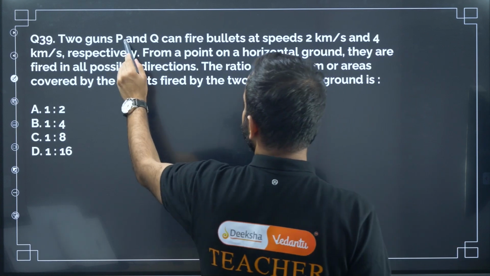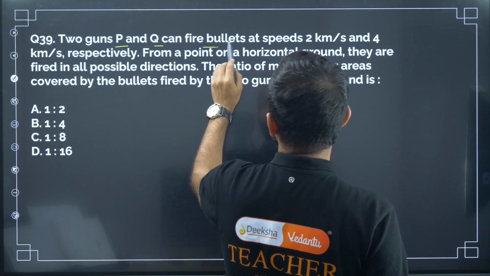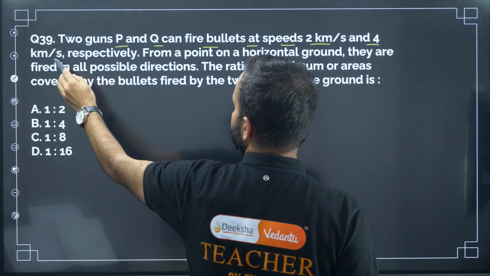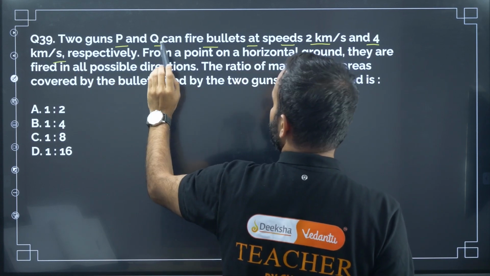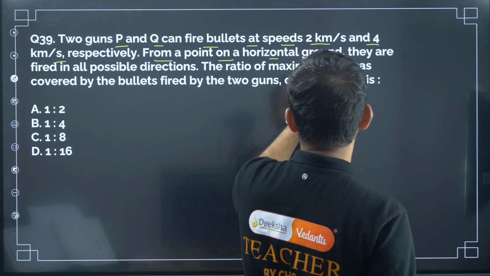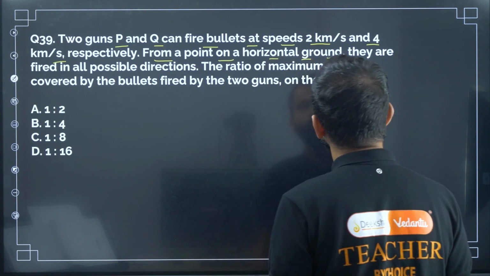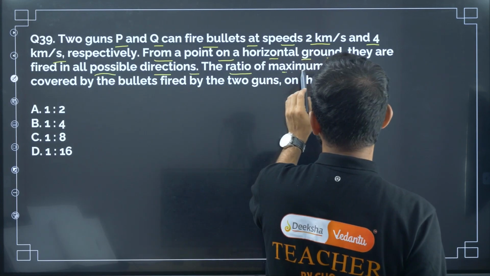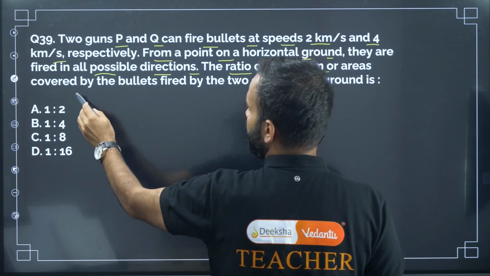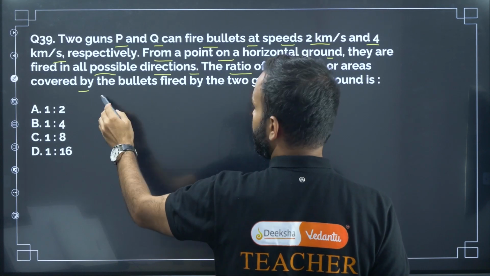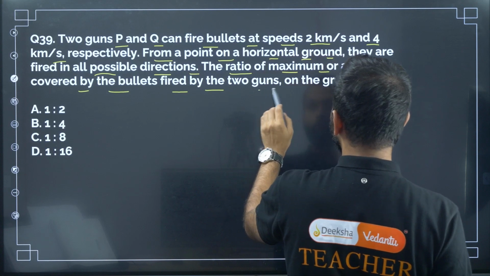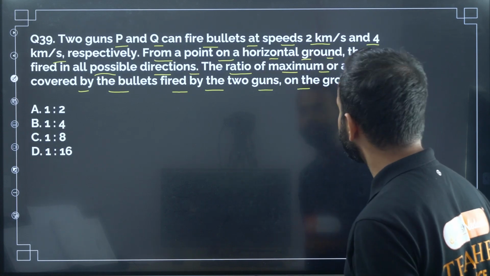Two guns P and Q can fire bullets at a speed of 2 km per second and 4 km per second respectively from a point on the horizontal ground. They are fired in all possible directions. The ratio of the maximum areas covered by the bullets by the two guns on the ground.